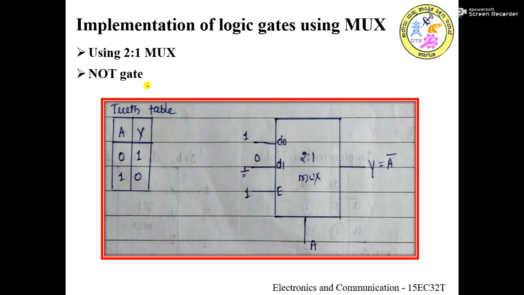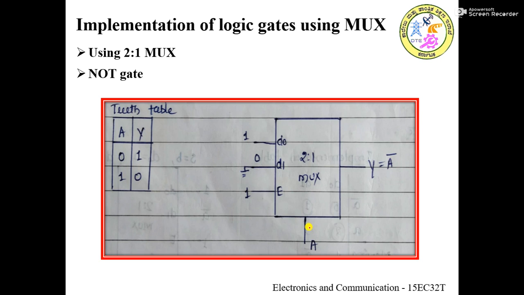Finally, the NOT gate. In case of the NOT gate, this is a special case again. In the NOT gate, we will find only one input, and in 2 is to 1 mux also we will find only one select line. As we discussed in the previous method, using 4 is to 1 mux, the number of select lines and the number of inputs of the gates were equal.